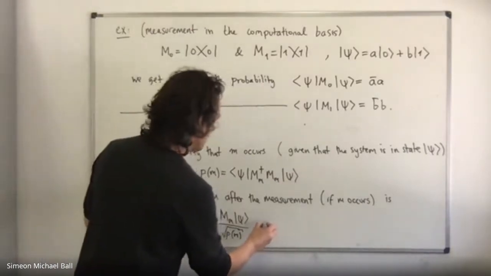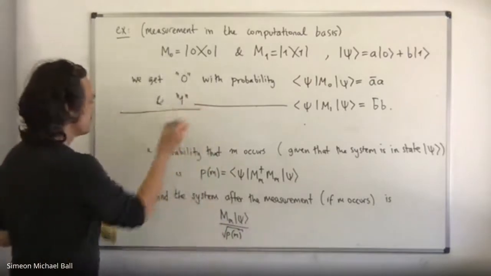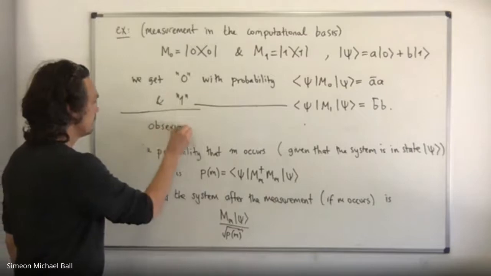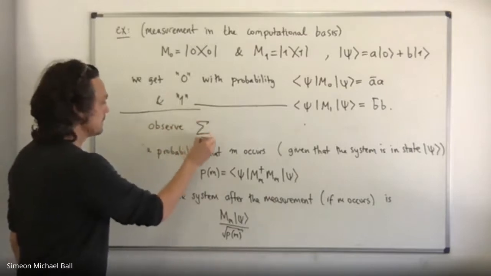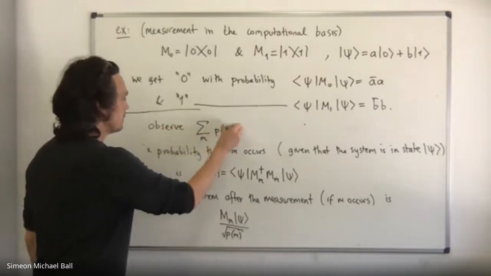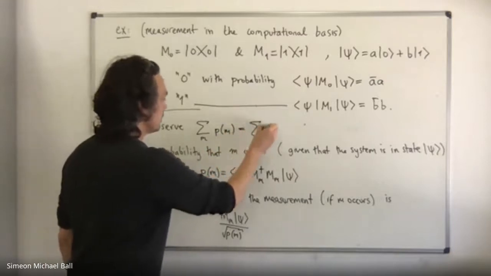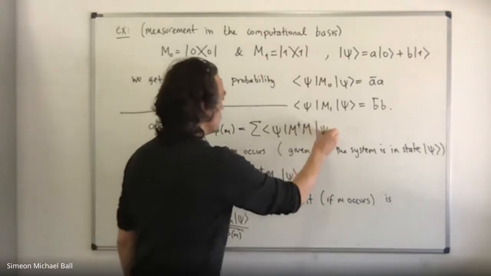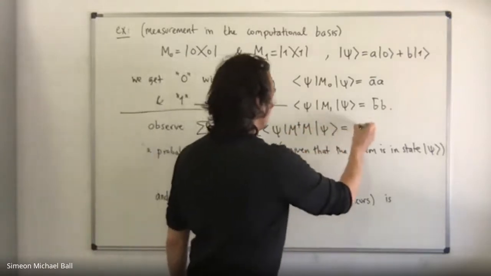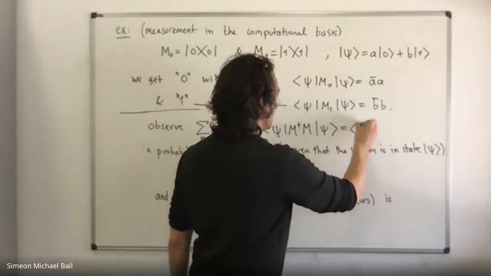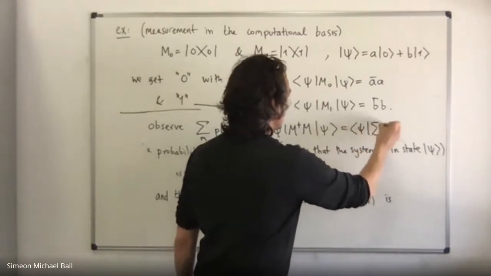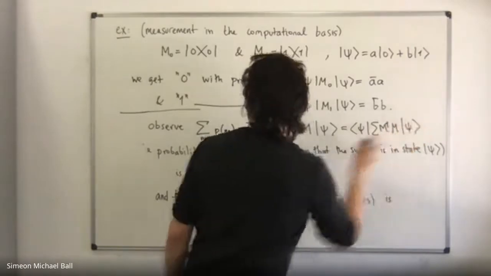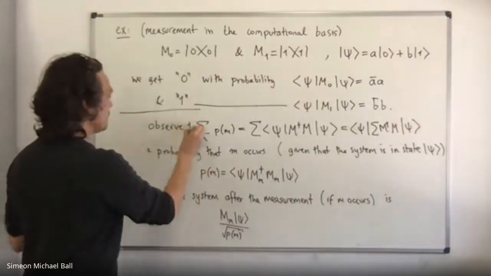We should observe that if we sum over n the probabilities, this, of course, is 1.